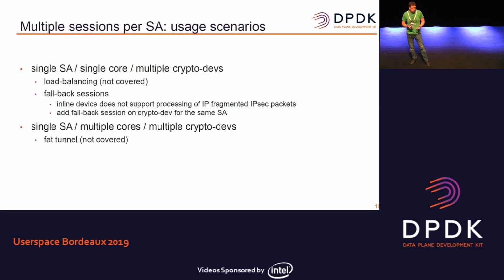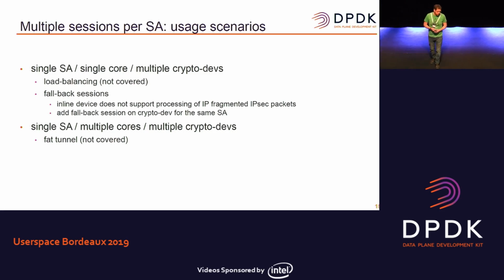So in this case, the idea is to create a transparent fallback. You could have a backup crypto device that's host-based crypto processing. As the reassembly is done on the host, the majority of packets in the flow have been processed inline, and then when you get that reassembled fragment, you can do the crypto processing on the CPU, and it's transparent for the flow.